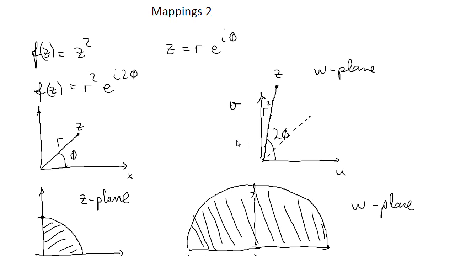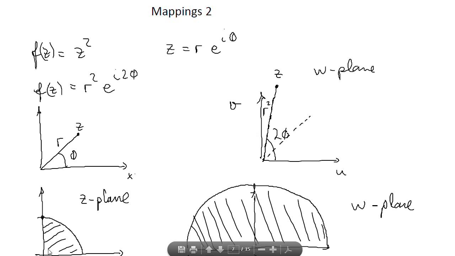You see this point gets a new value where the angle is twice the angle of z, and the length of z is squared.